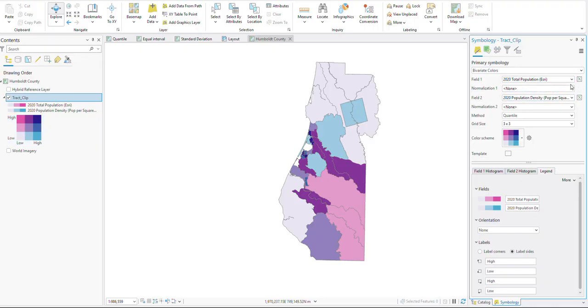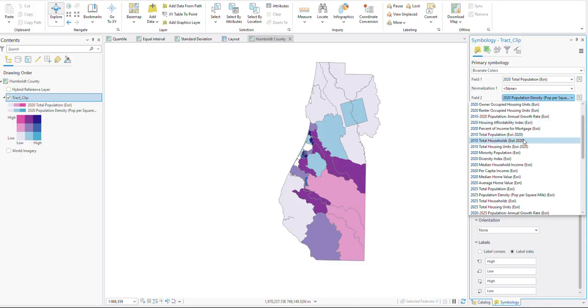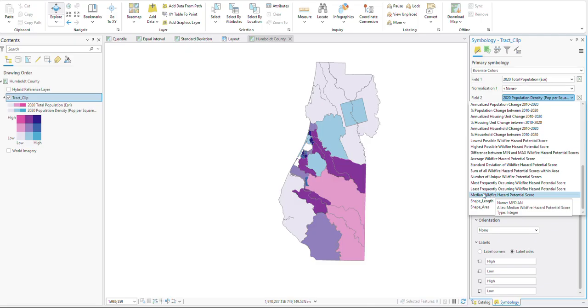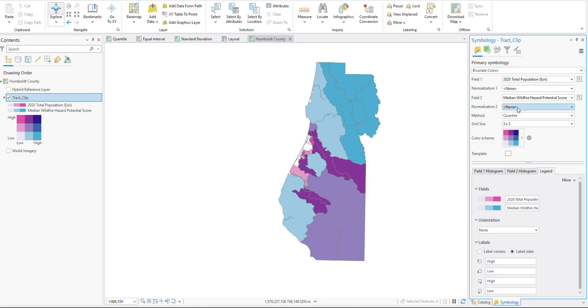Okay, so let's say we wanted to look at the relationship between population and the second cluster of data here, this wildfire hazard score. And for the wildfire hazard potential score, let's go to median. And so we're looking at this white to kind of teal color here.